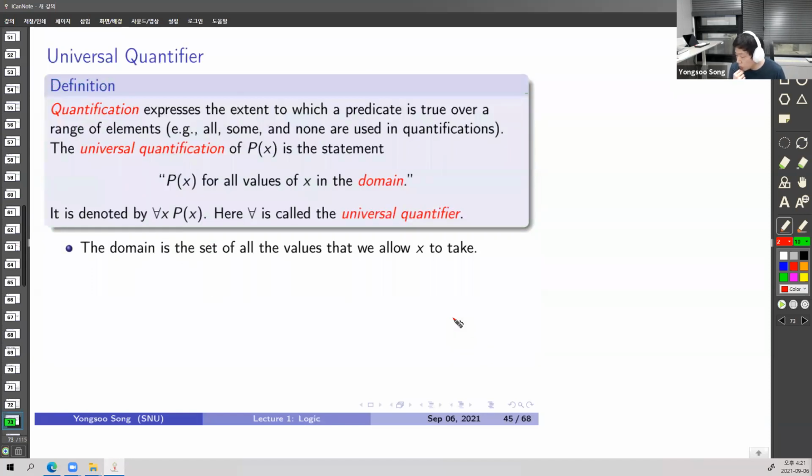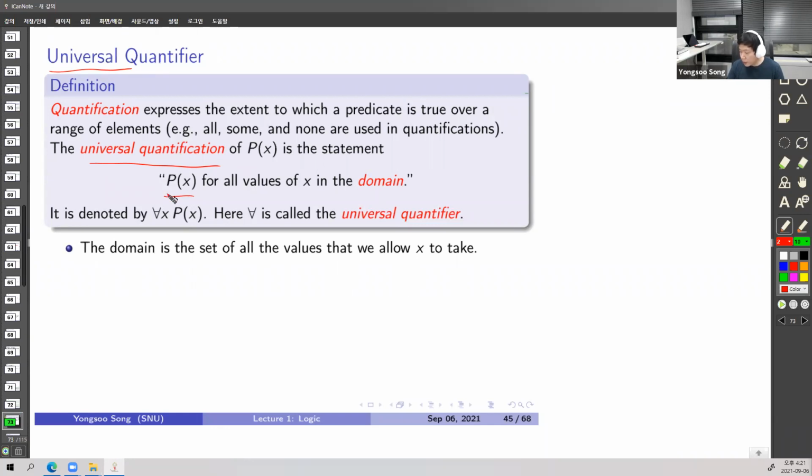Okay, so now we are going to introduce two quantifiers. The first one is what's called a universal quantifier. Universal quantification can be used in statements like P(x) is true for all values of x in the domain.